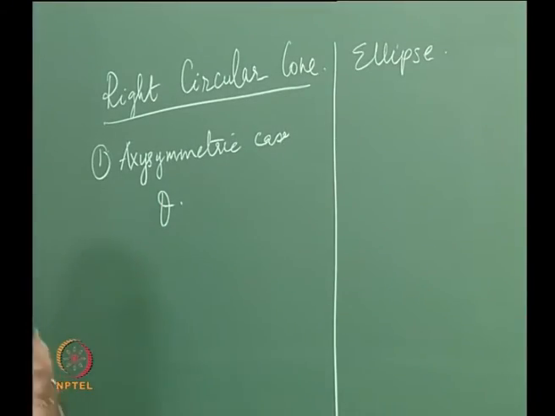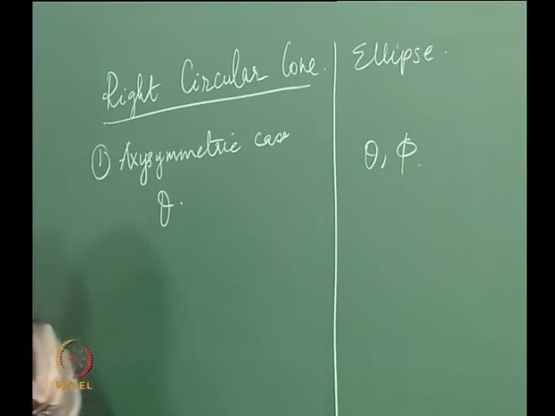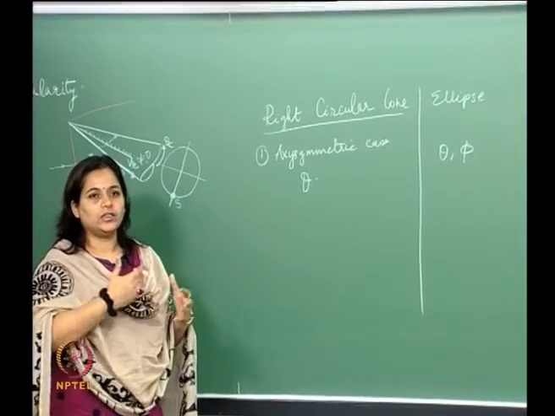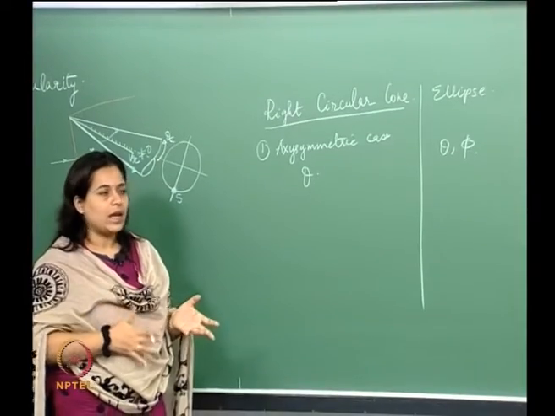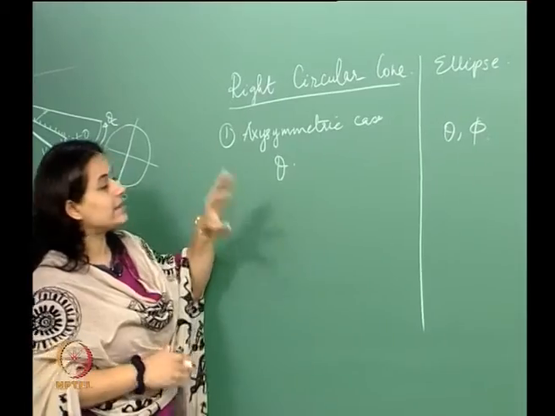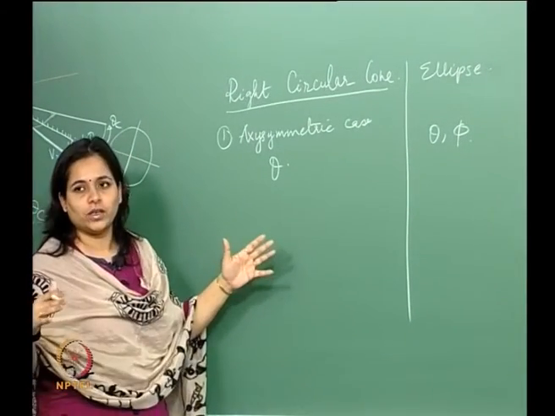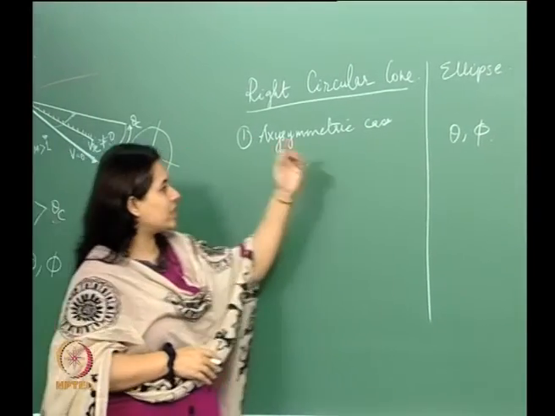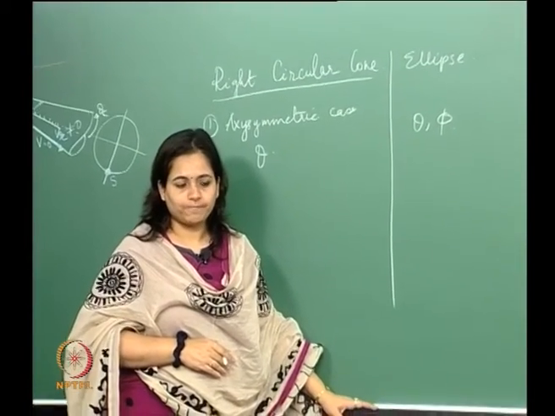But for the ellipse, we still have theta and phi. I think that is understandable. By the time you look at the geometry, think of that as an ellipse instead of a circle. I think this is intuitive. So even for an axisymmetric case, in the sense that the axis of the cone is in line with the free stream, we still have a 3D flow when it comes to an ellipse.